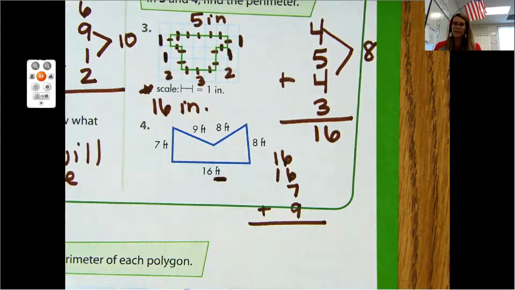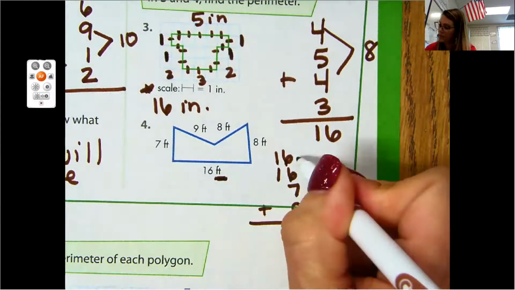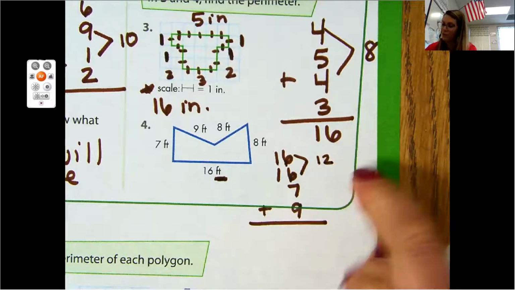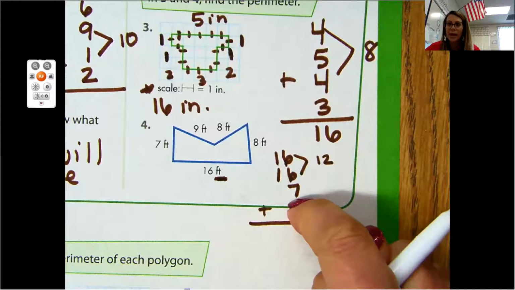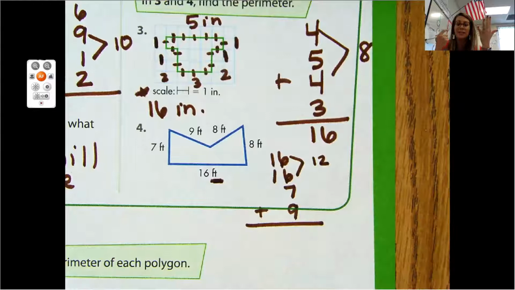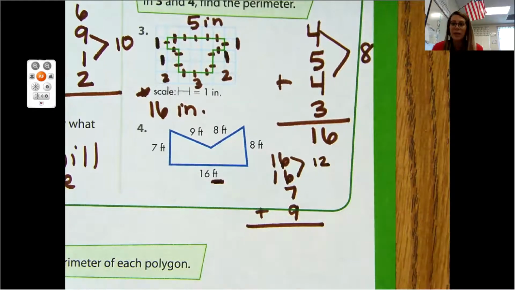All right, let's check our work. So let's see. We've got 6 plus 6 we know is 12. If we add 7 more, what do we get? 12, 13, 14, 15, 16, 17, 18, 19. 19 plus 9, what do we get? 19, 20, 21, 22, 23, 24, 25, 26, 27, 28.